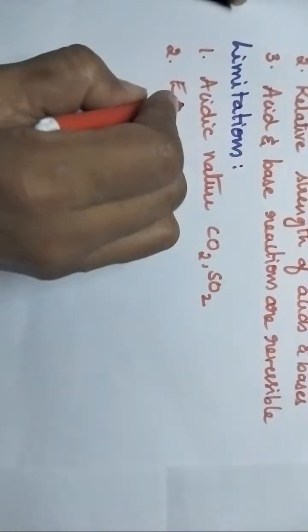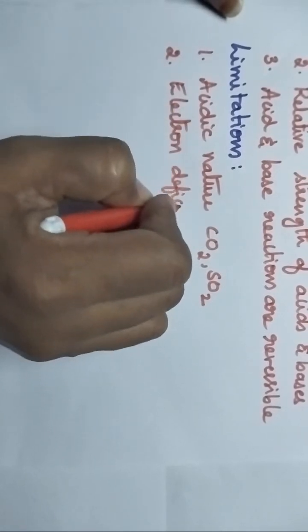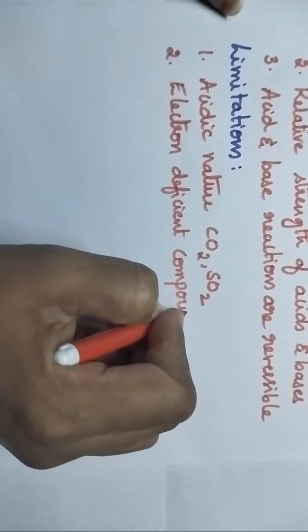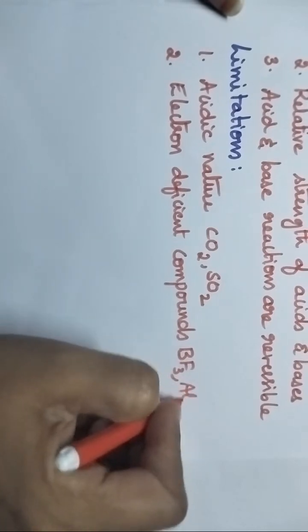So, electron deficient compounds generally include BF3, AlCl3, etc.